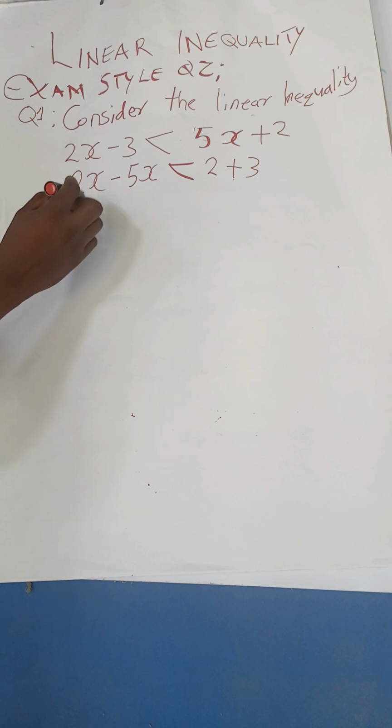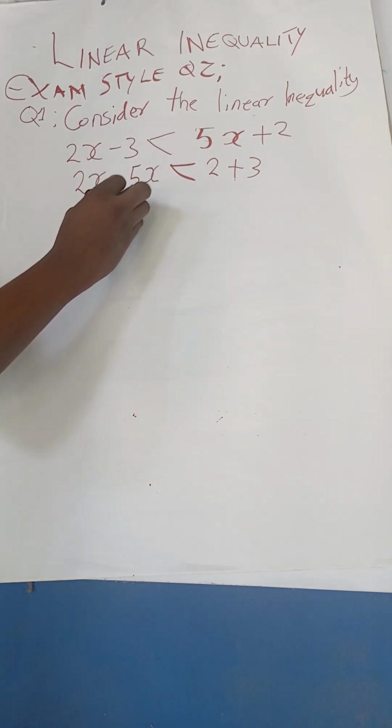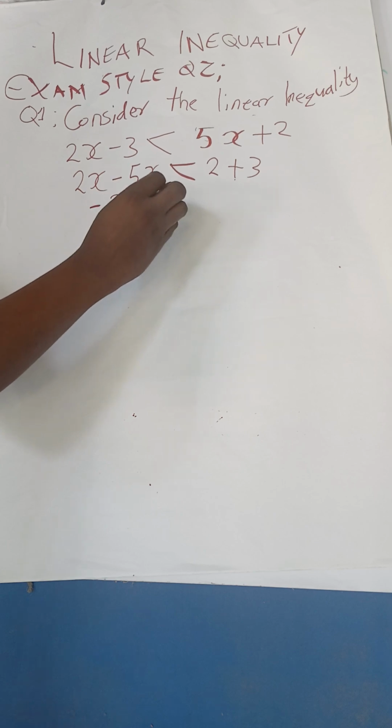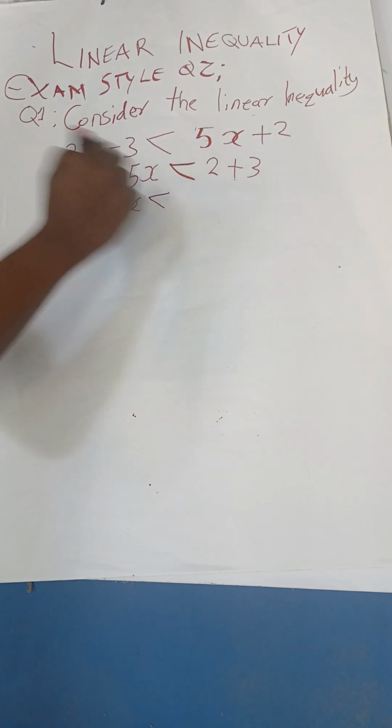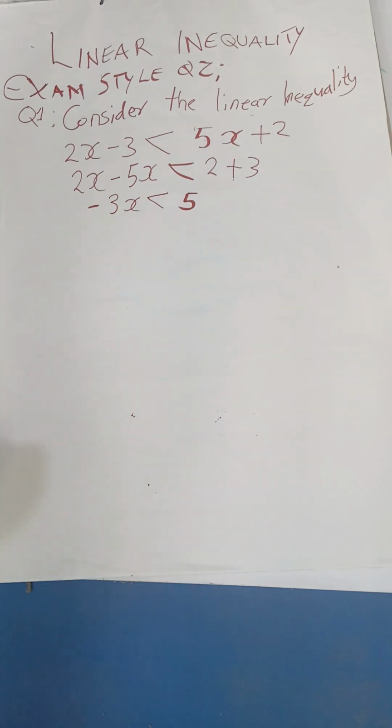The 3 remains but changes sign accordingly. So let's do the expression: 2x minus 5x is negative 3x, less than 5. So we have now to determine the value of x.